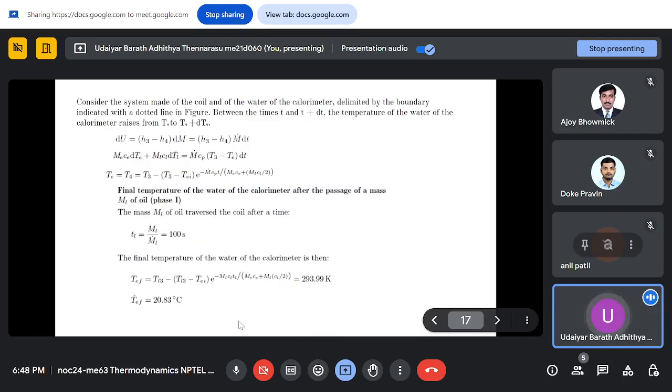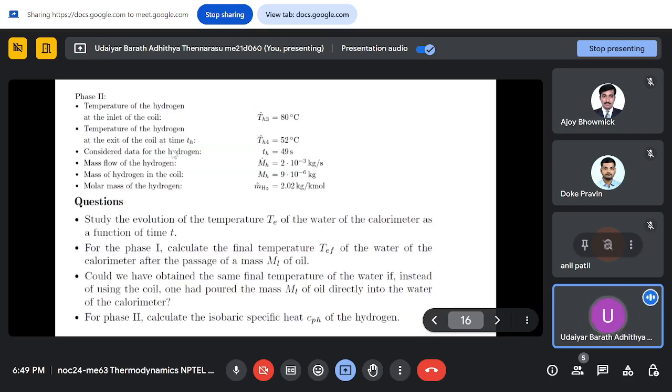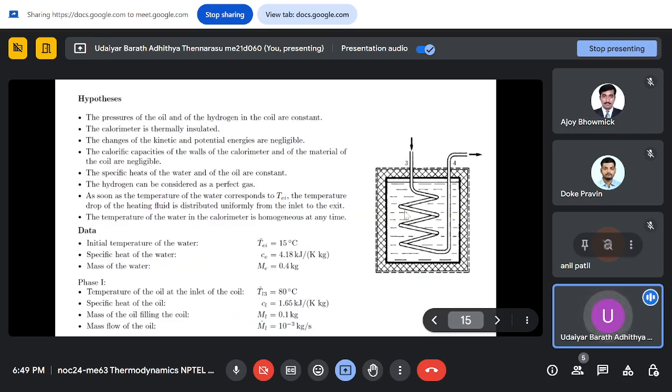Initially we consider the system as both the coil and water, and for any change in temperature from time t to t plus dt, we assume that the water temperature is changing from TE to TE plus dTE. Now the change in internal energy, this being an open system, you apply the steady flow energy equation.